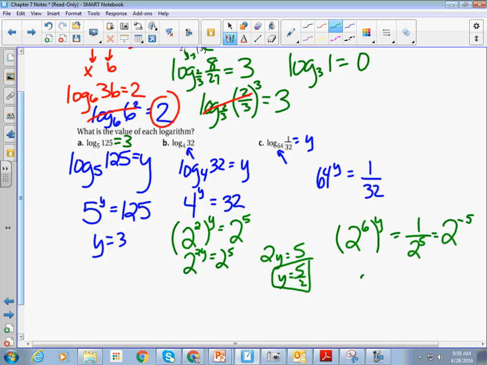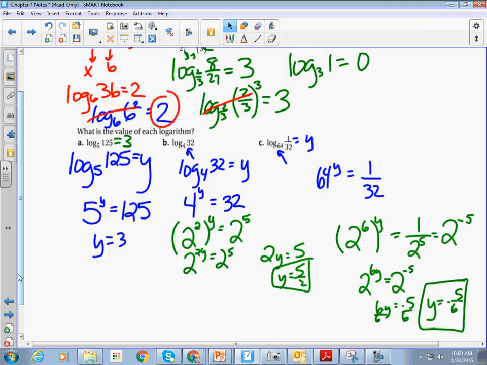So in this case, I have 2 to the 6y is equal to 2 to the negative 5th, meaning if our bases are the same, our exponents have to be equal as well. So y has to equal negative 5 sixths. Not because our values are negative, but because we have a fraction.